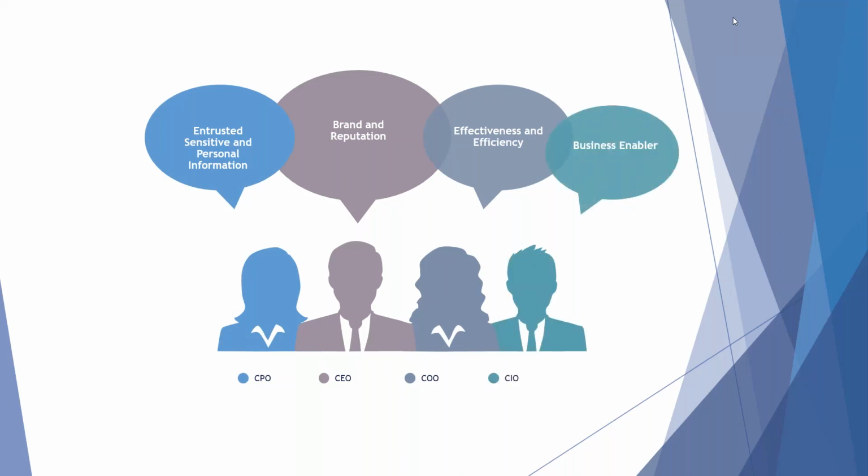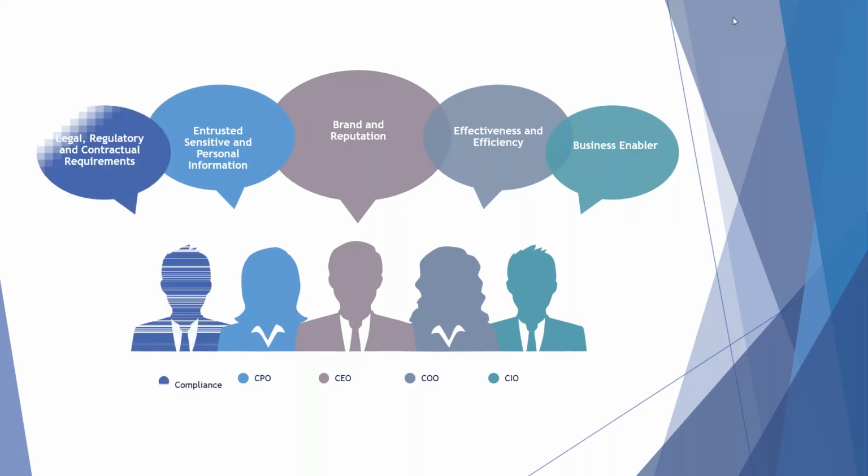From the CIO perspective, how IT can play a business enabler role. And from the compliance perspective, which is our doormat to start having that conversation with the leadership, it's all about legal and regulatory and contractual requirements. These views can help us to drive privacy better across the business.